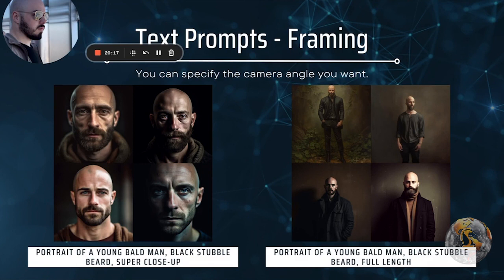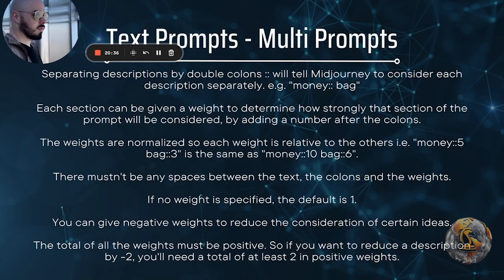So the image on the left, super close up. That's literally as close up as you can get. The one on the right, I said full length, aka why in one of the images you can see literally his entire body, the other almost the entire body, and it just keeps getting better from there. So you can tell it the exact framing and camera angle that you're looking for.